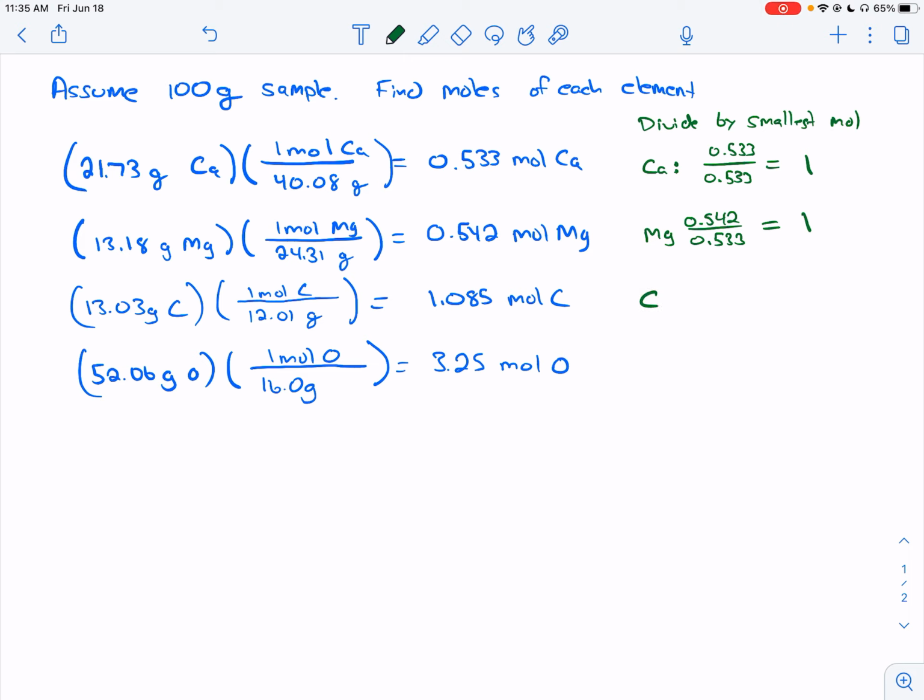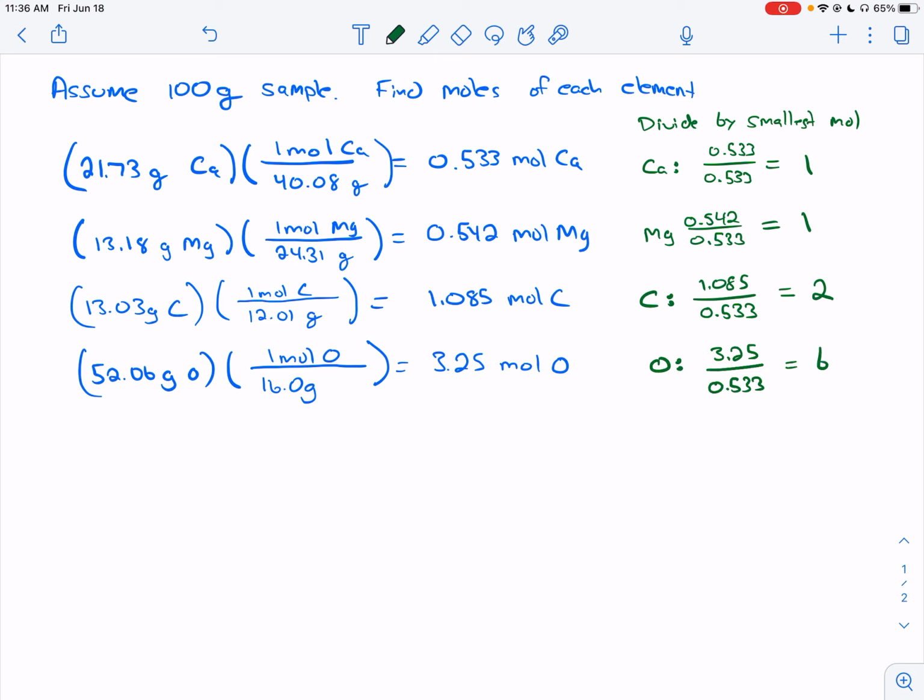For carbon, we get 1.085 divided by 0.533, which equals 2. And for oxygen, we get 3.25 divided by 0.533, which equals 6.